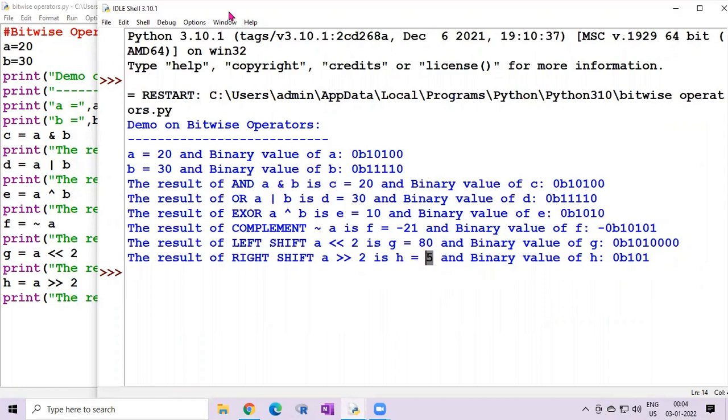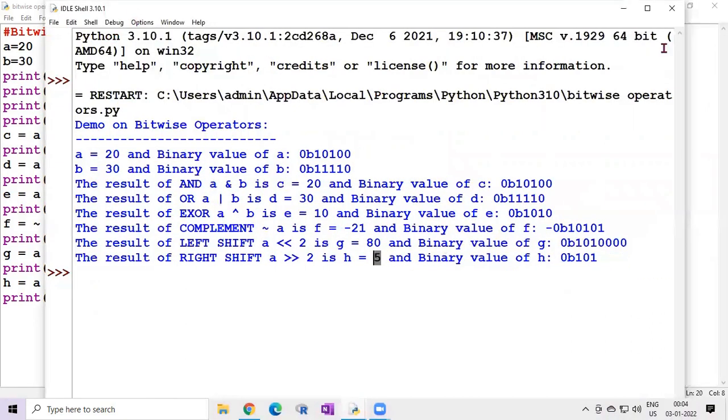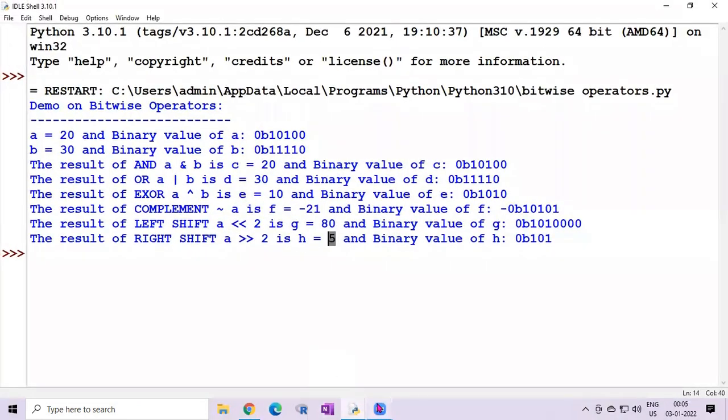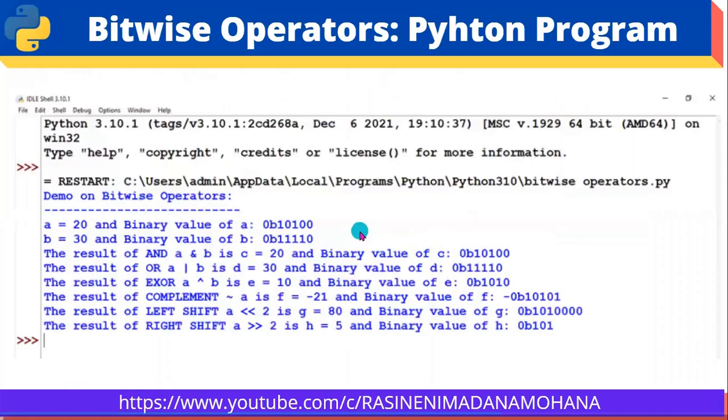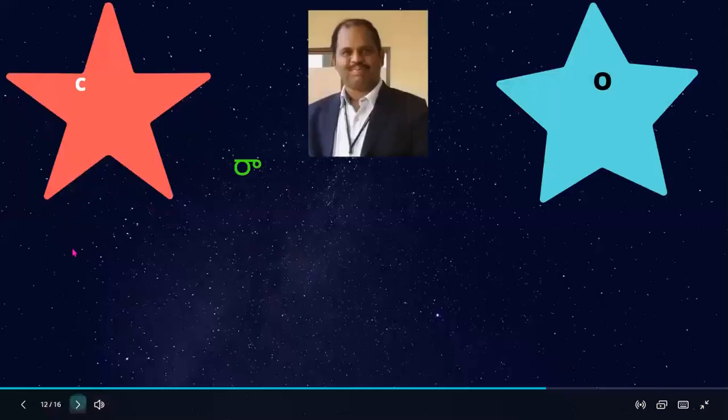This value is displayed here. So this is the output of all these bitwise operators. Like that, by taking different values, you can practice the same program. This is the output screenshot, what we have seen, the same is shown here.